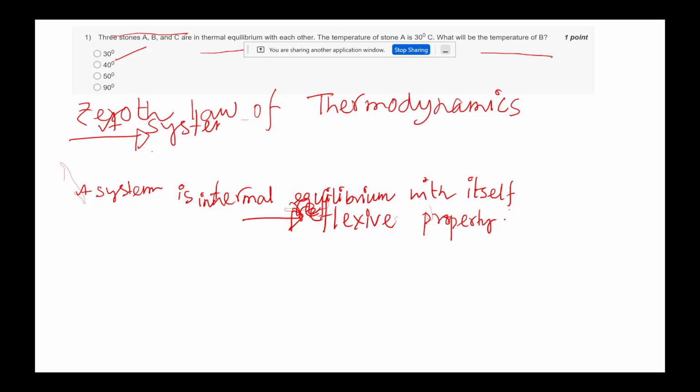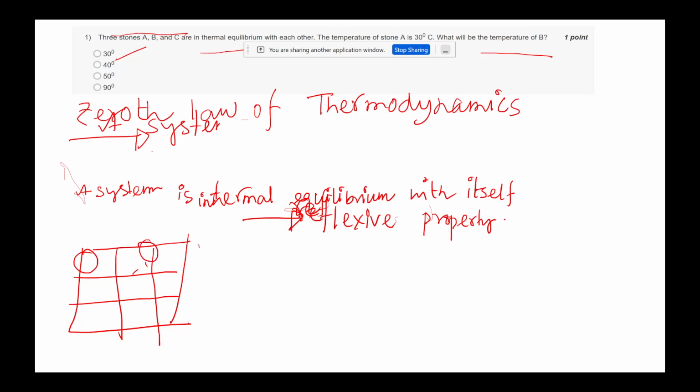So when a system is in thermal equilibrium with itself, that property is called the reflexive property. Now you can say it's very intuitive, but let's say a system is subdivided into different subparts, and we can say that these are in thermal equilibrium if these subparts have a common variable that we haven't mentioned yet.